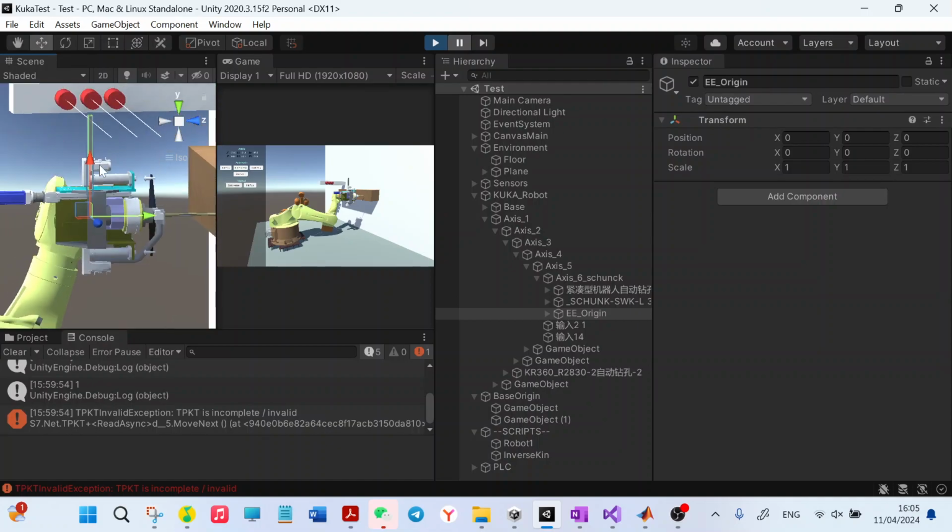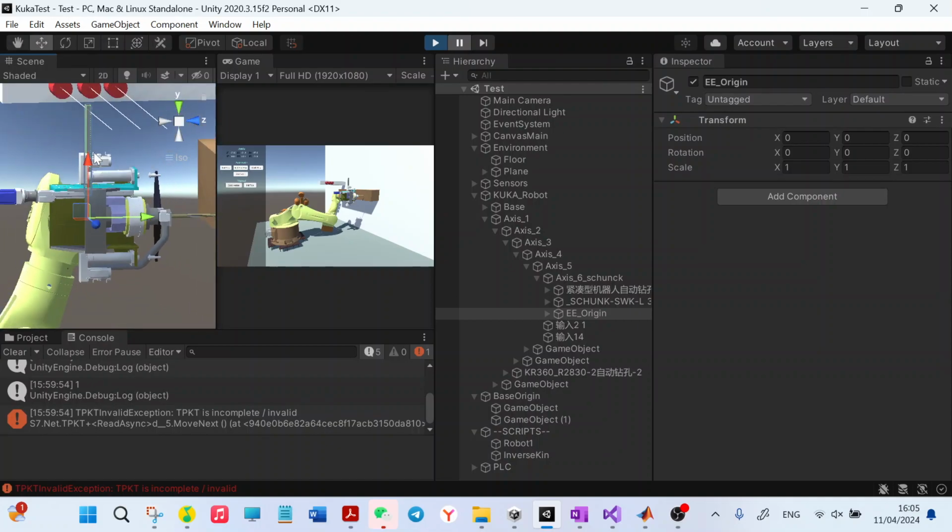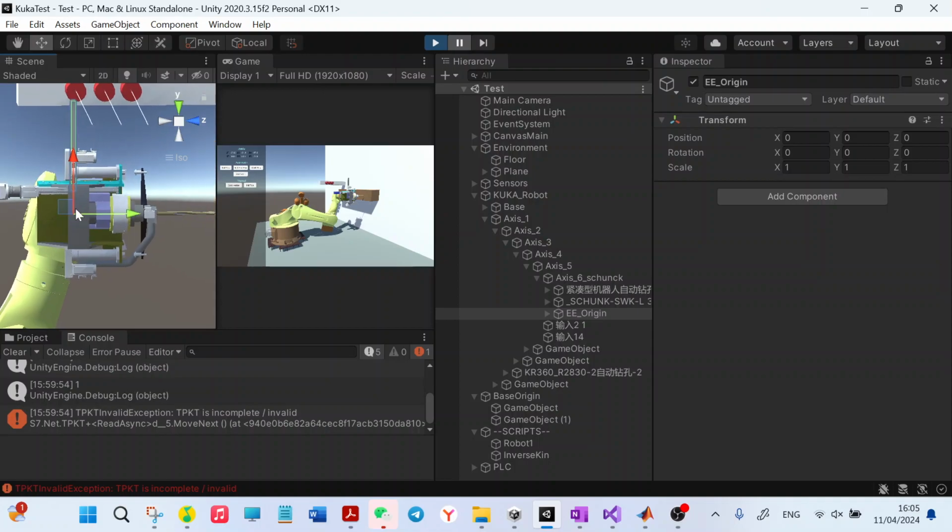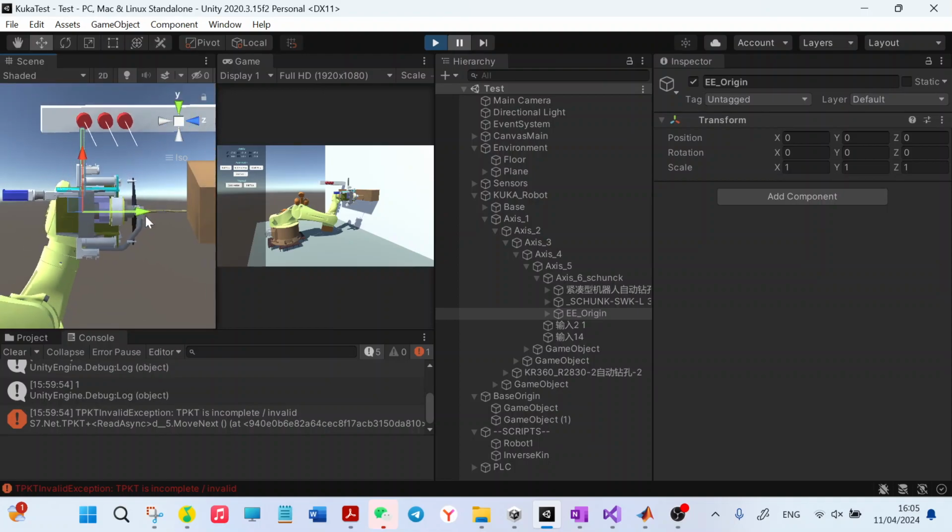So this origin, this metal part, we also detect by sensors. So this point we calculated. For example, if I move this to the base origin, we should see that here they have the same point.